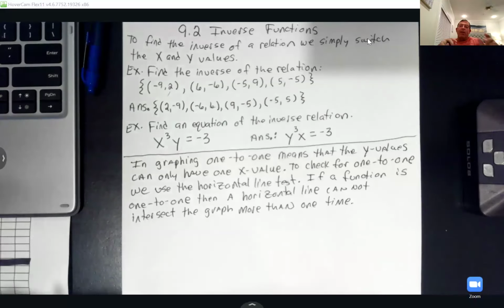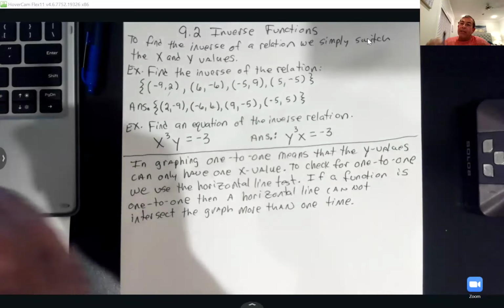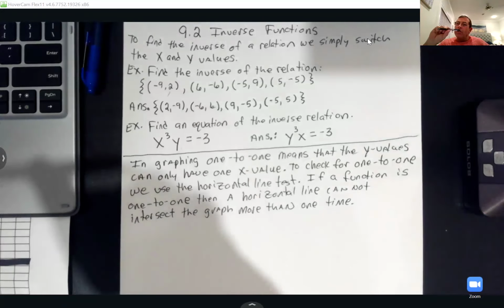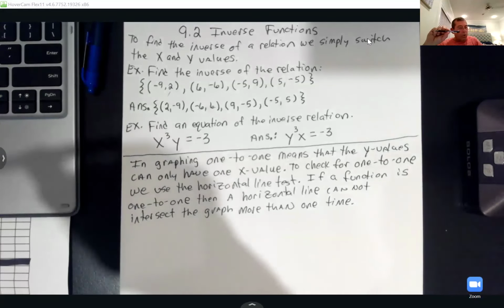Well, y'all, that's the same thing it was for the functions. On the functions, the vertical line couldn't intersect it more than once. One-to-one, horizontal lines cannot intersect it more than once.